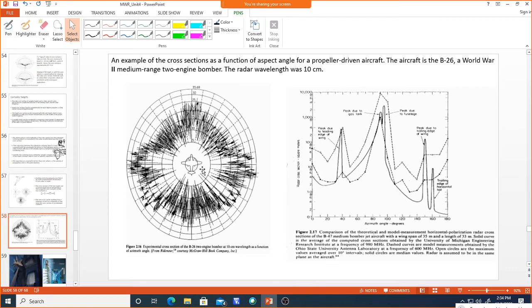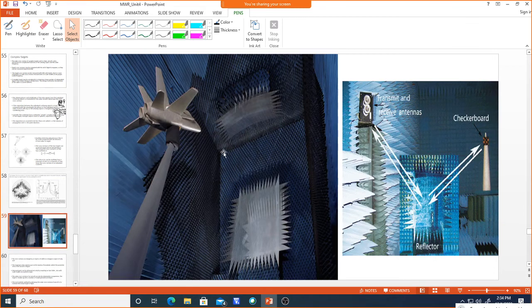Now, how will this actually be seen on top of the turntable? You can see one picture I have shown. This is a complete chamber, which we can call an anechoic chamber. In that anechoic chamber there will be a transmitter and receiver.